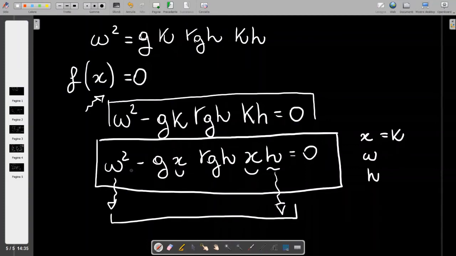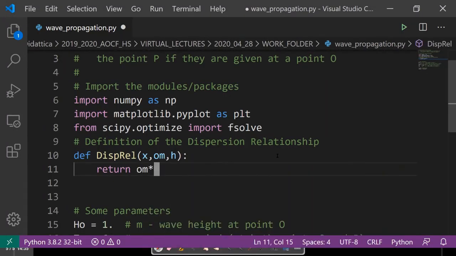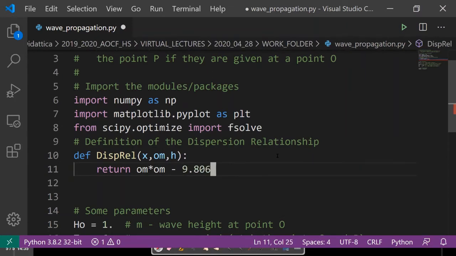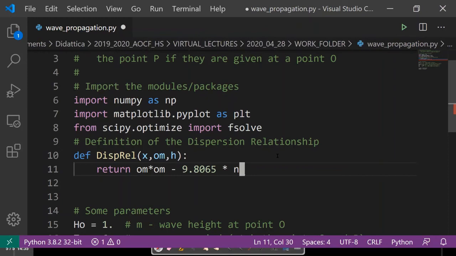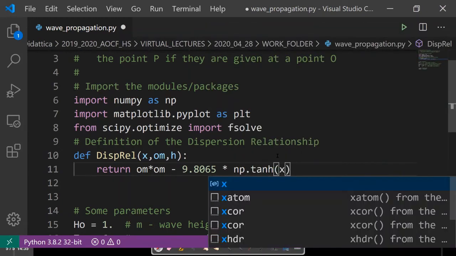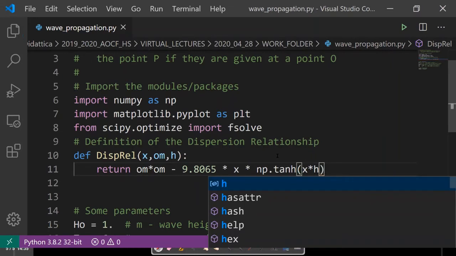So the difference of omega squared minus this term. So we need simply write omega times omega minus the gravitational acceleration times the hyperbolic tangent of k, that is x, sorry, here we have also k, that is x called here, times h.